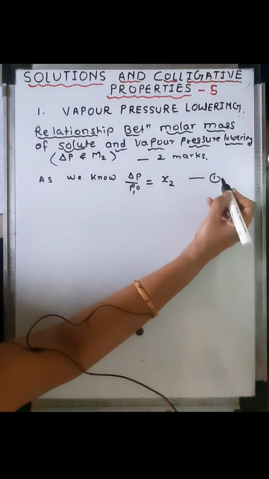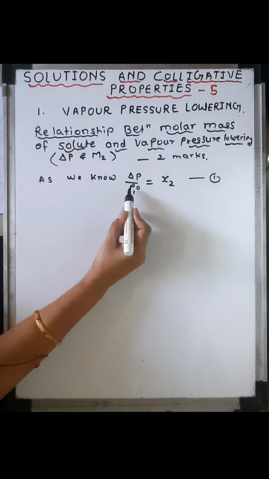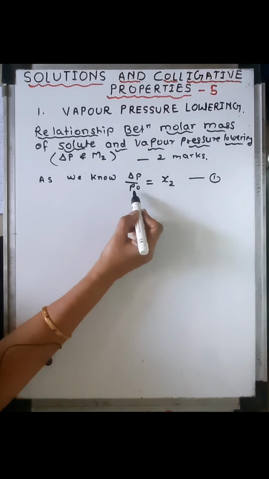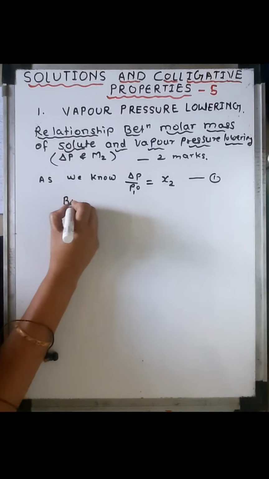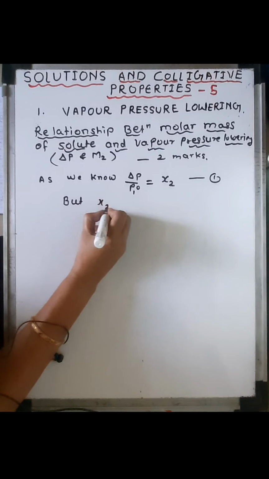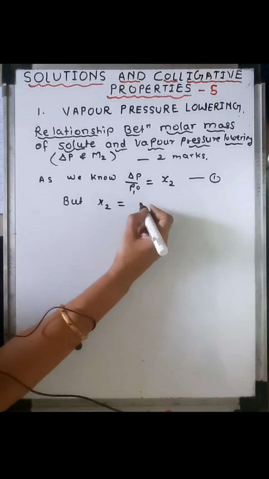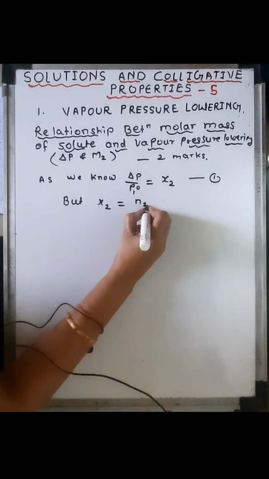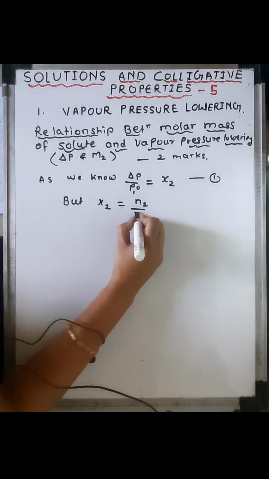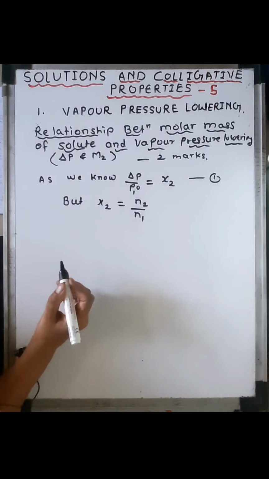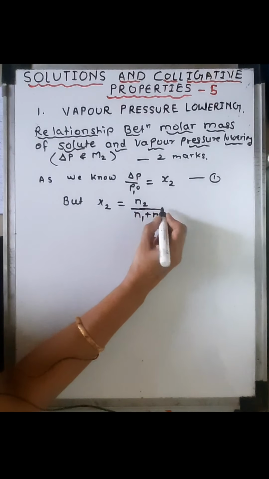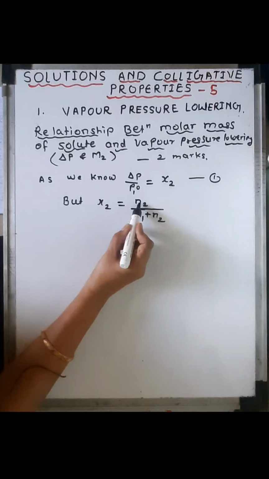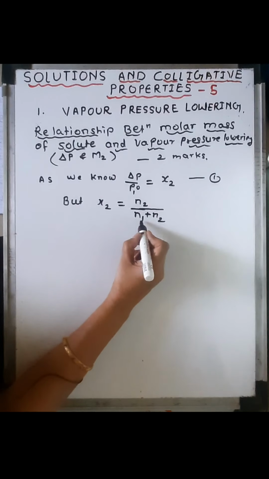Equation 1, that is relative lowering of vapor pressure is equal to X2, but X2 is equal to N2 upon N1 plus N2. N2 is the number of moles of solute and N1 is the number of moles of solvent.